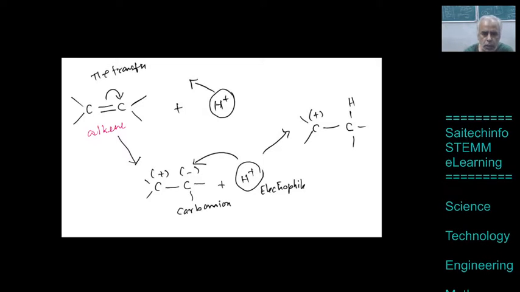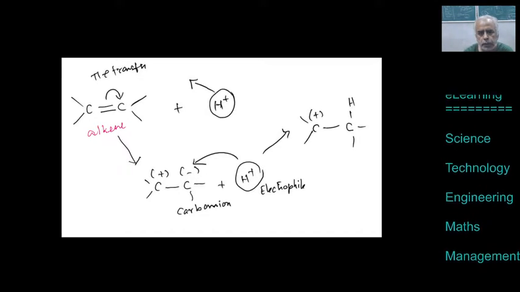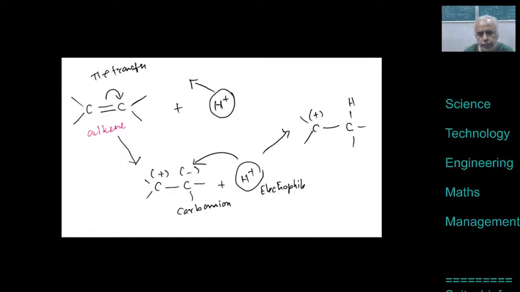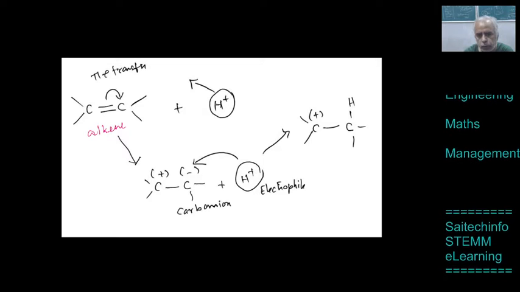Now let us highlight another example here, that is the minus I effect, that is electromeric effect, that is shifting of pi electron.